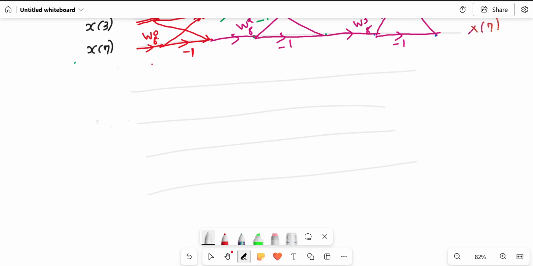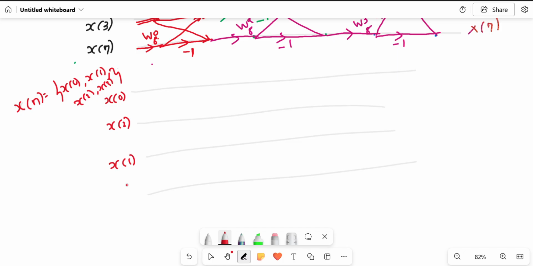For 4-point sequence, x of n is equal to x of 0, x of 1, x of 2, x of 3. The even sequence x of 0, x of 2, and x of 1 and x of 3. So this computation will be decimation in time FFT algorithm.